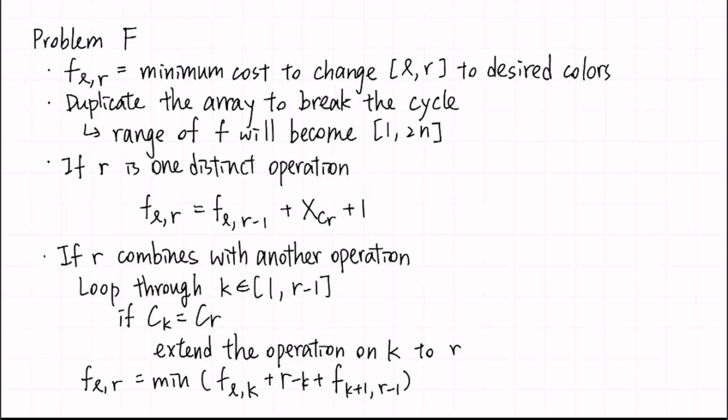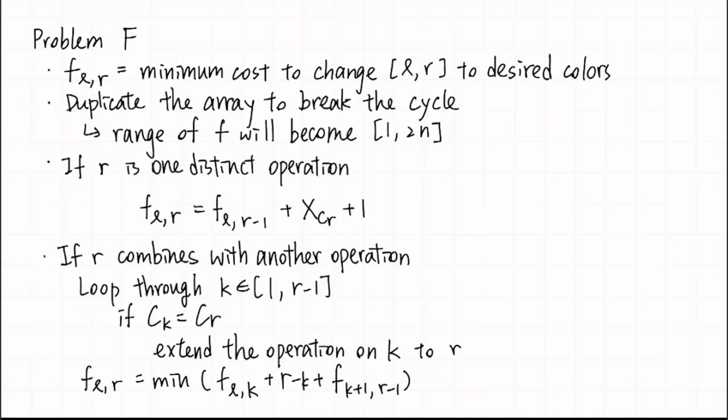We can use dynamic programming, and for this we can define FLR as the minimum cost to change a range LR into the desired colors, which are the colors in the array C. Since this problem is on a cycle, it's hard to deal with the indexes when the values are in a cycle.